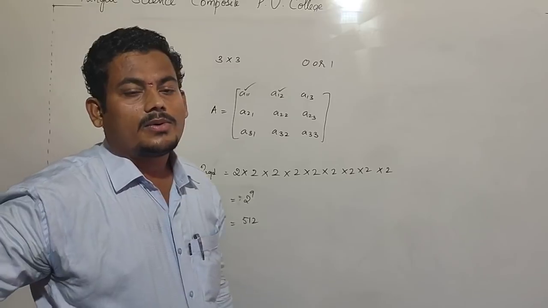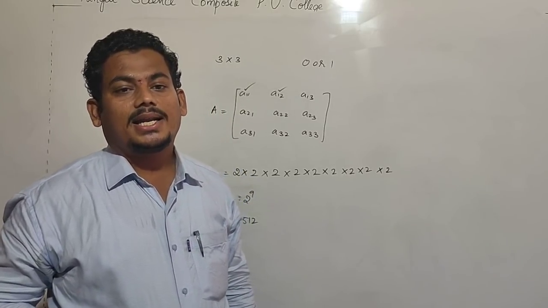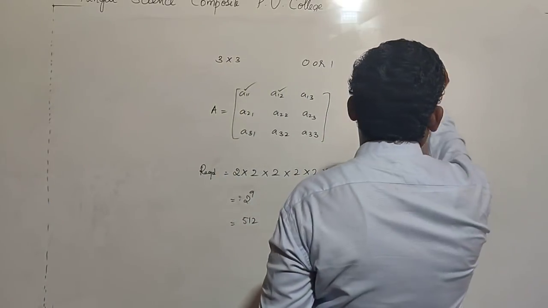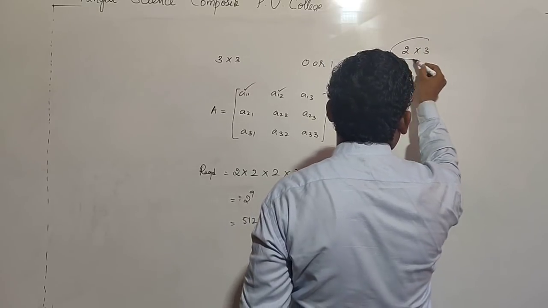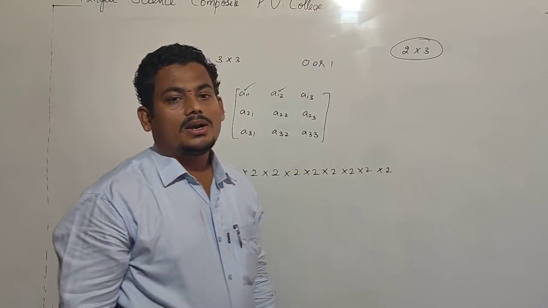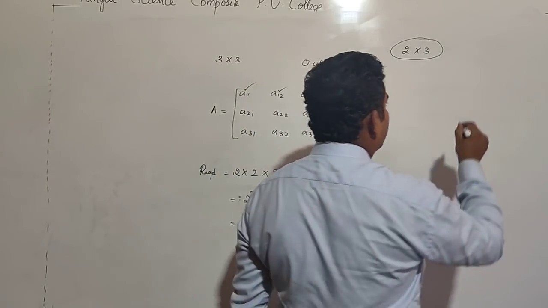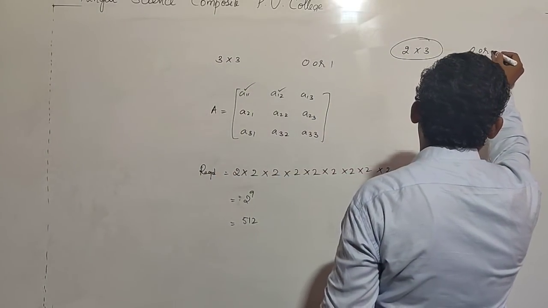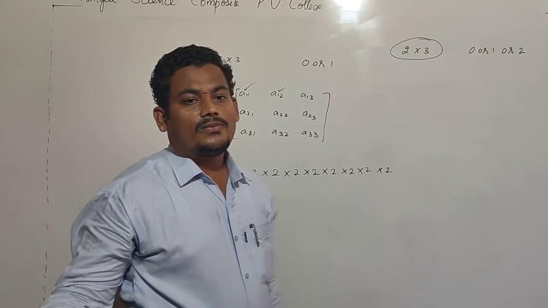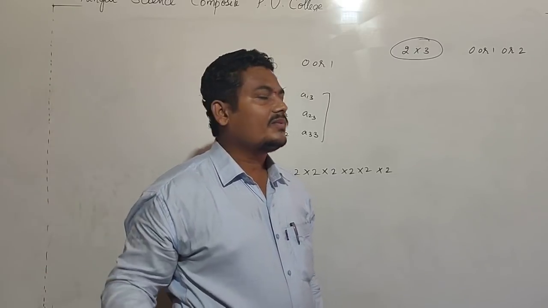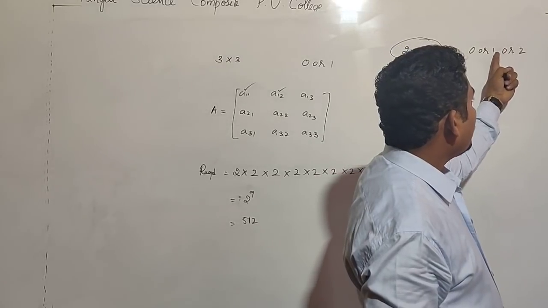Next question. Find all possible matrices of order 2 cross 3 with each entry 0 or 1 or 2.